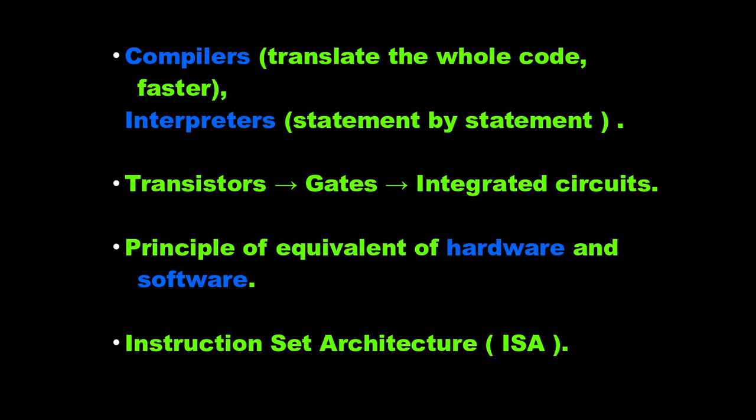And every different architecture or machine family understands different instructions. That's why we have different assembly languages. So we call that set of instructions an instruction set architecture, ISA. The vocab or the instructions that a machine understands.